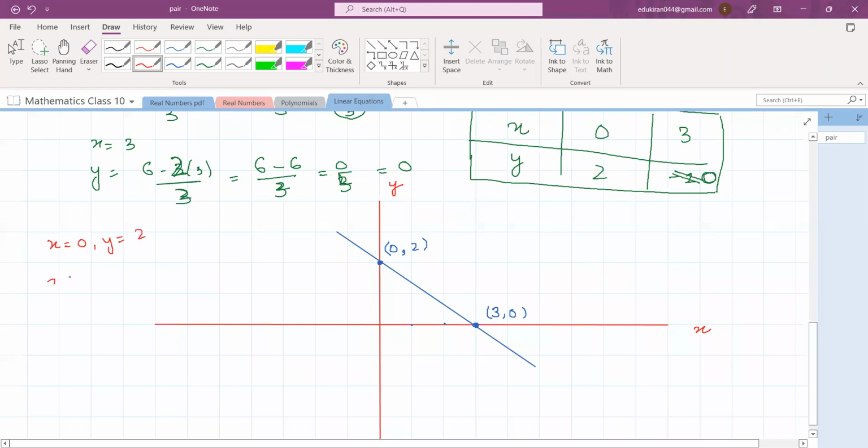And then the other one, x is equal to 3, then y is equal to 0. So these are basically the solutions of this equation, right? All the solutions of this equation will lie on the line. You can see that these are the points lying on the line. Clear? We are observing that the solutions are present on the line. This is our observation.